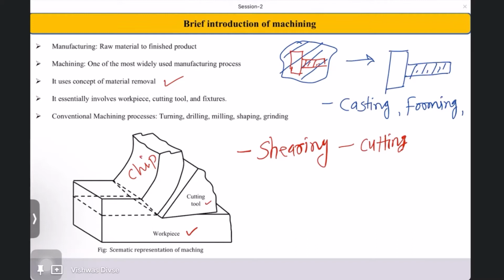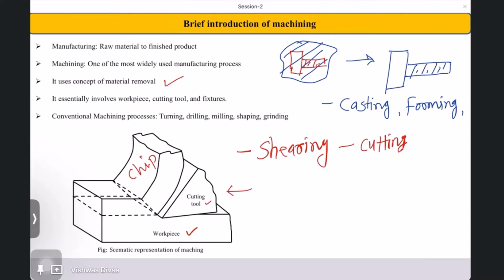Although shearing is one of the ways to cut, there are many other ways in engineering. So shearing means basically some shear stresses are involved, and due to those shear stresses at a certain plane, the material is able to cut, and that is possible with the sharp edge or the harder body, and that we call a cutting tool.